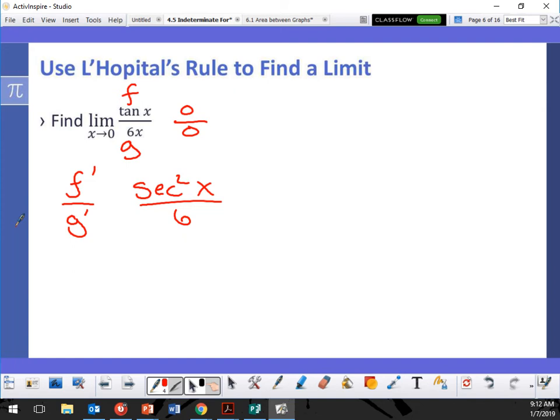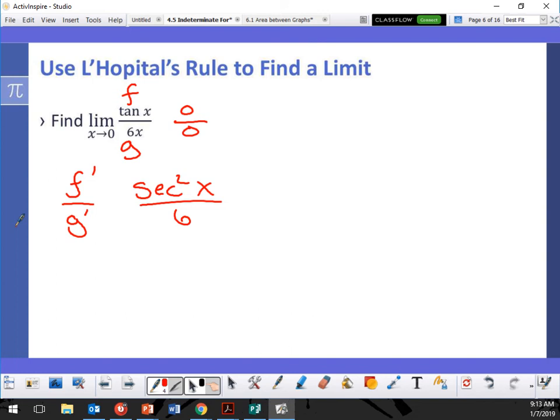So secant is 1 over cosine, or 1 over the x value. So now at 0, what is cosine at 0? 1. Very good. Cosine is 1 at 0.